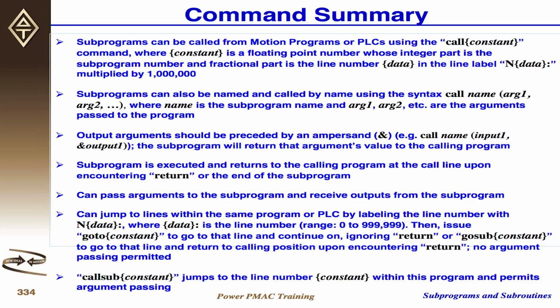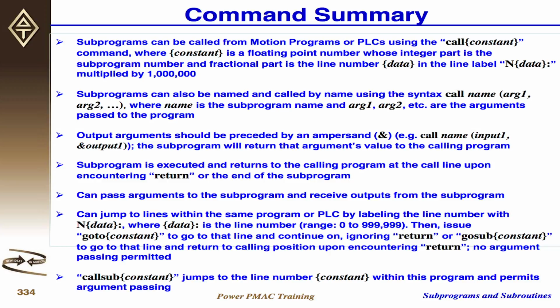Subprograms can also be named or called by using the syntax call name, and then in parentheses the arguments you want to pass to that subprogram. So you want to call my sub, and then the arguments you want to pass in to that subprogram.